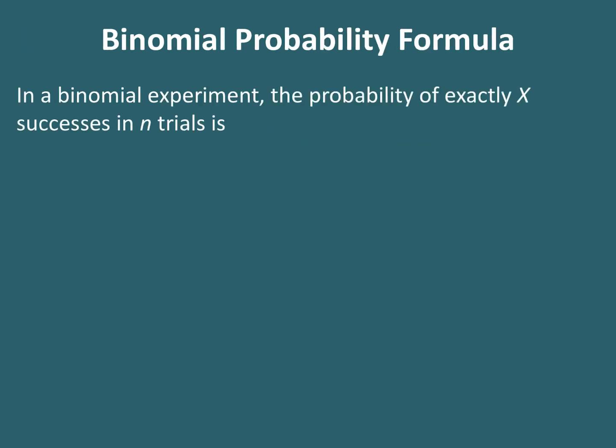In a binomial experiment, the probability of exactly X successes in N trials is as follows. It looks rather complicated at first, but after a few tries, it's really not that hard. In fact, you can also use this in your calculator and allow the calculator to do the simplification for you.